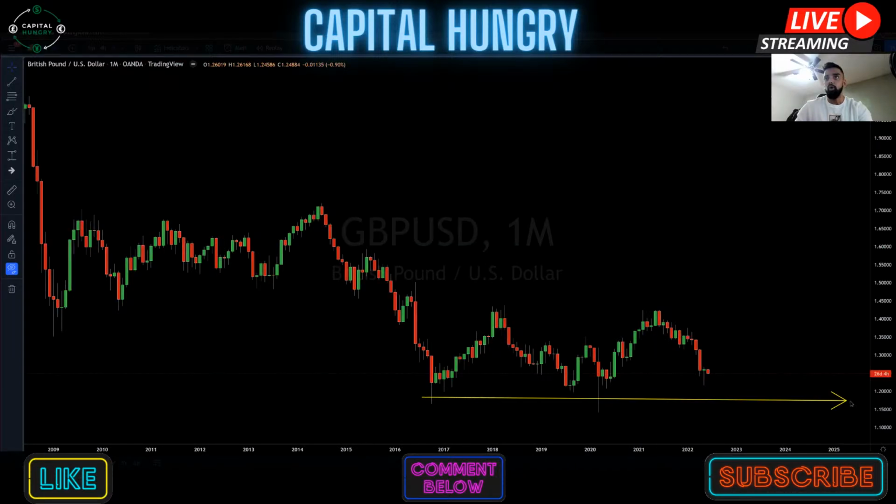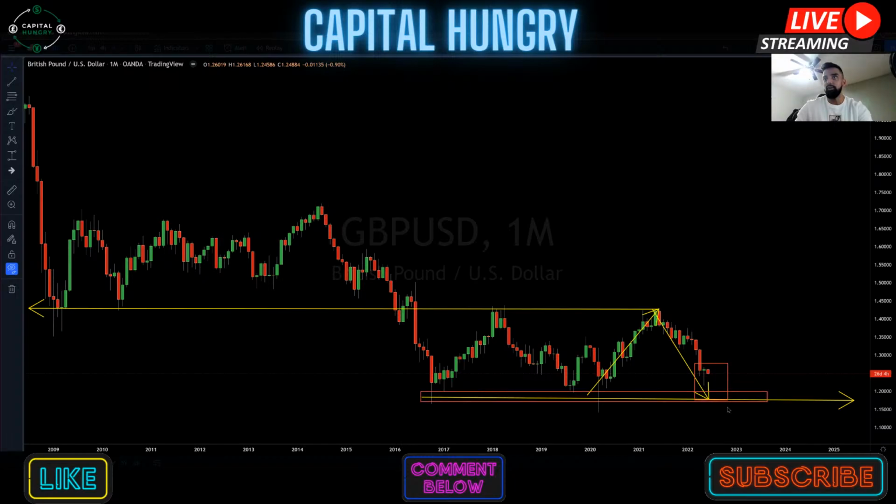From these lows, we came up to this very key sell side supply zone and had this bearish downside move that can still easily be filling the range to revisit these lows and potentially even lower.